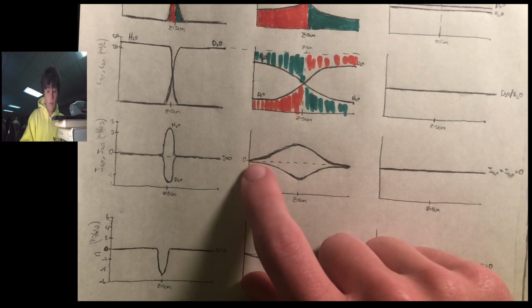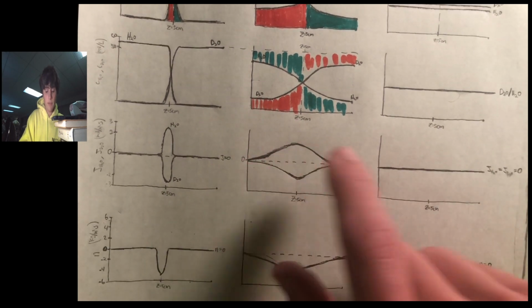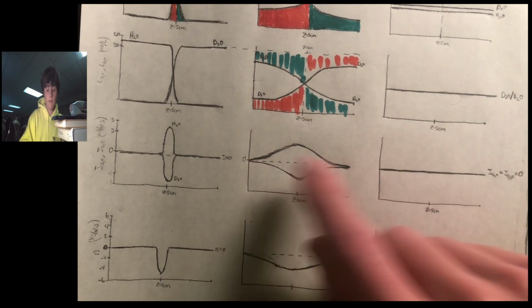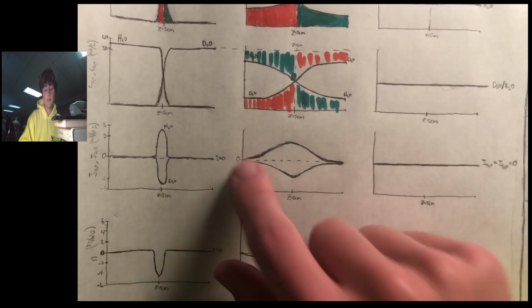And well, since the molar flux of the component at the endpoints must be 0, and that's approximately equal to the molar diffusive flux of that component, then the molar diffusive flux of each of the components must be equal to 0 at the endpoints, at the boundary conditions of this.